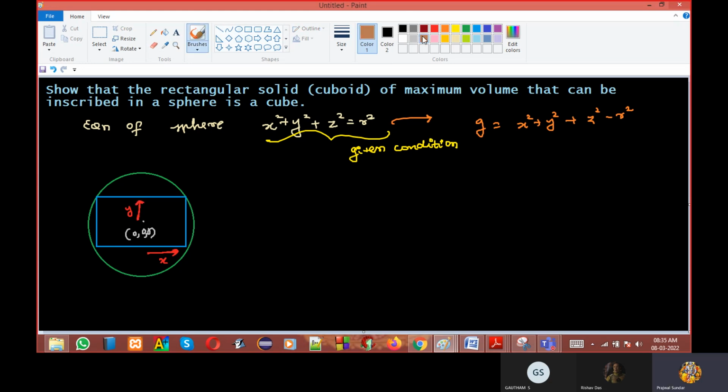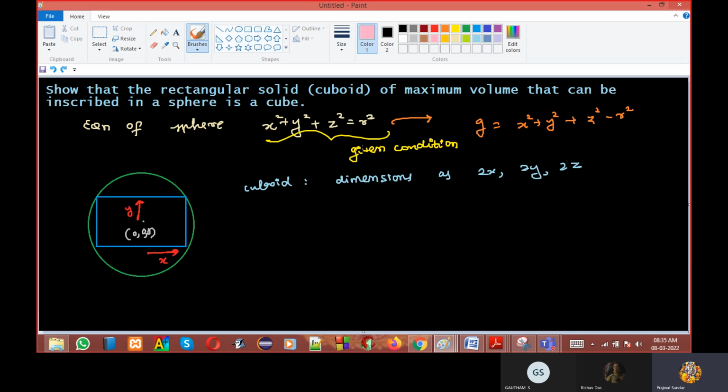Whenever you're taking x and y, you need to start from the origin. I can't give more clarity than this because I myself am not 100% clear on this. So the cuboid will have dimensions 2x, 2y, 2z, because this will be 2x, this will be 2y, and this also will be 2z.